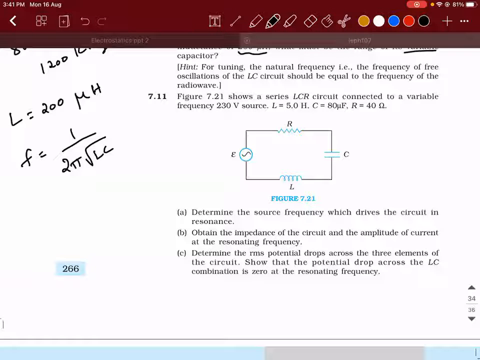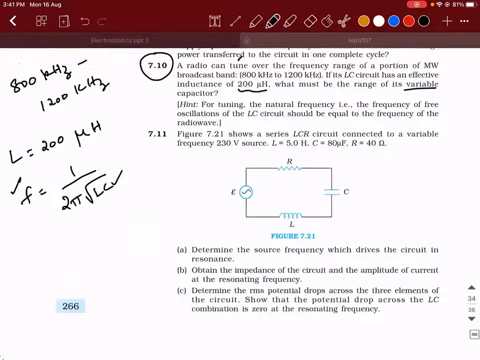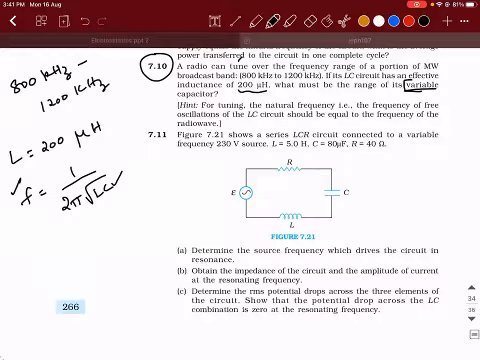It's very simple. F is varying, L is not varying, L is fixed. C is varying. That's what they ask. What must be the range of the variable capacitor? Inductance is fixed, it is 200 microhenry.